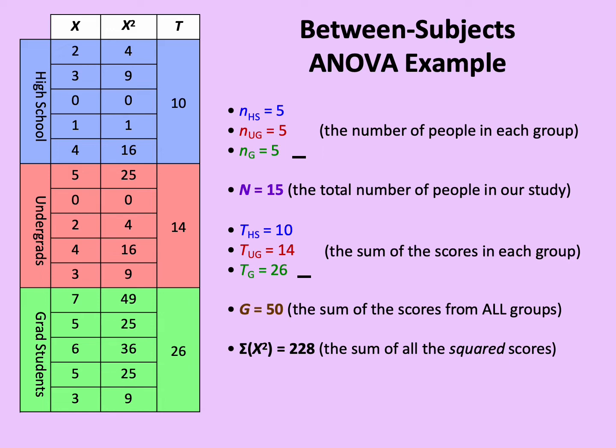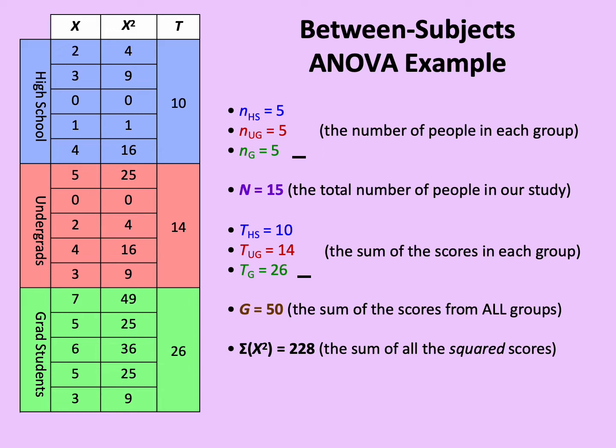But here are the components. The blue and the pink and the green are denoting each of our levels of our independent variable. So we have the data for high schoolers, the data for undergrads, and the data for grad students, okay? And we have 3 columns here.